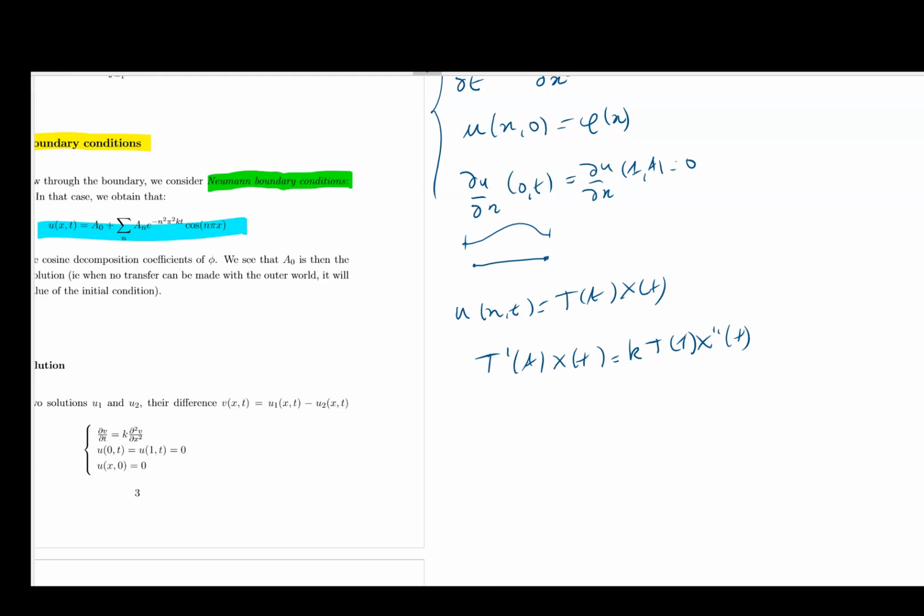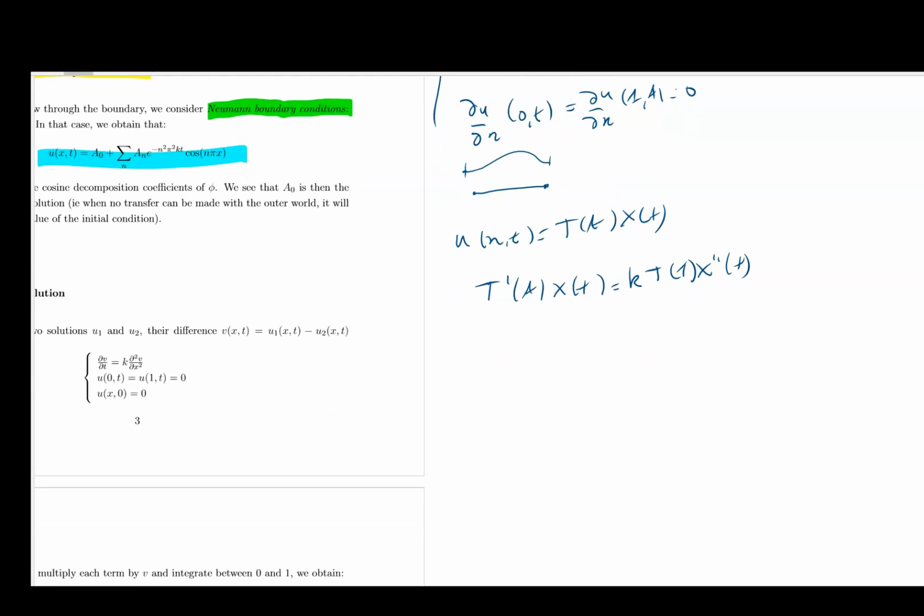We put all the t's on one side, all the x's on the other side. So T'/T, we can take the k with the T. It doesn't really matter because it would just change the lambda coefficient in the end. You would get exactly the same thing if you kept the k on the other side, and that's going to be equal to X''/X.